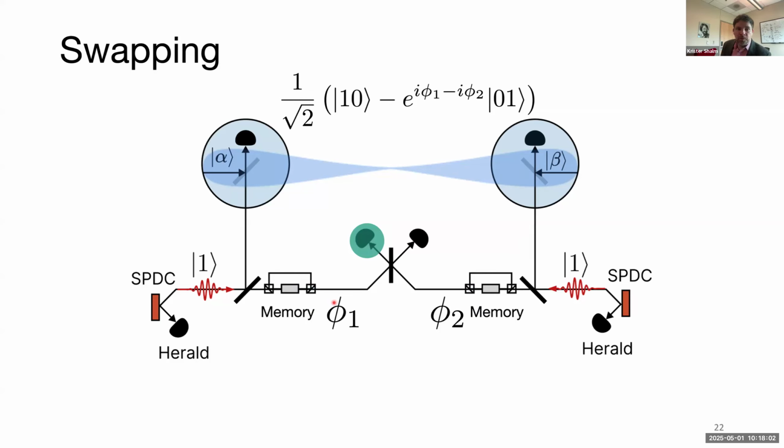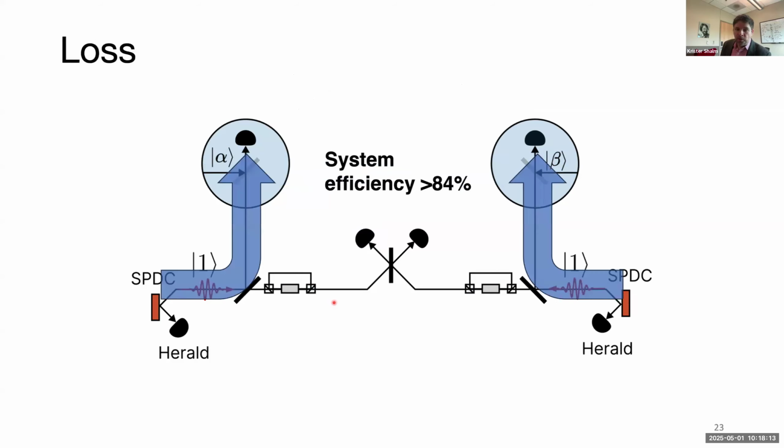And so some of these paths can have loss, especially the ones that go over the fiber and go into the memory. But the photons that are kept in your lab, those, in order to do these measurements, have to have very high efficiency. So from the time you produce your photon to the possibility of it getting coupled into this fiber and detected by your detector over here, you have to be above 84% efficiency.